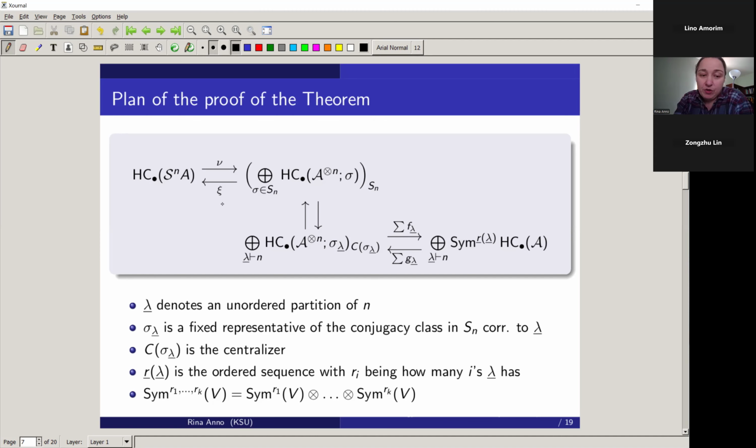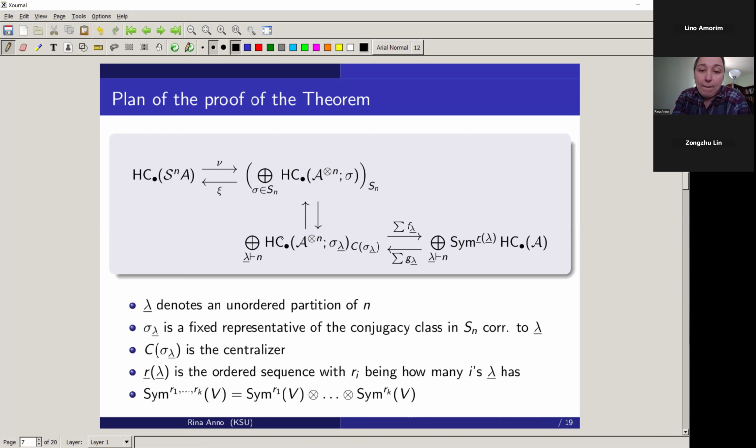Okay, it doesn't much matter. We just choose sigma sub lambda for every lambda. So basically, for each conjugacy class we choose one representative. Yes, right, exactly.